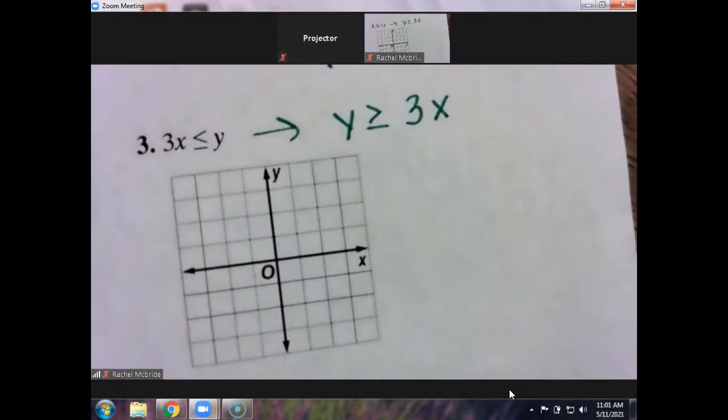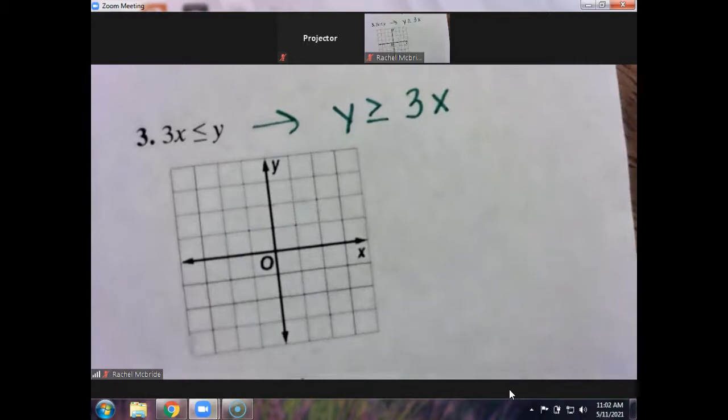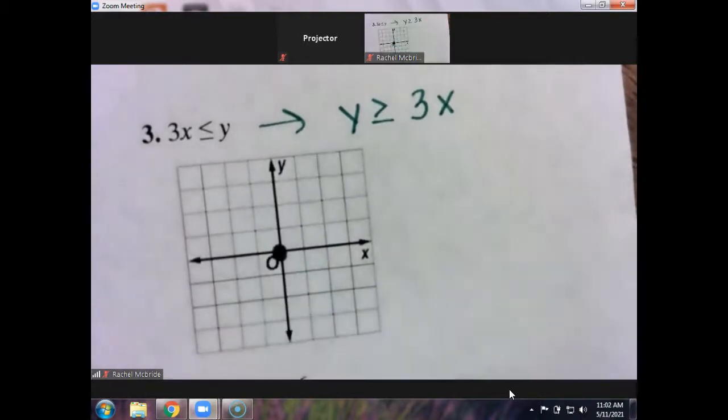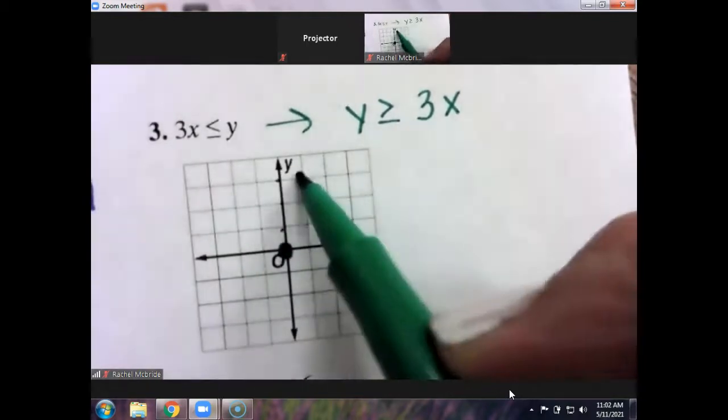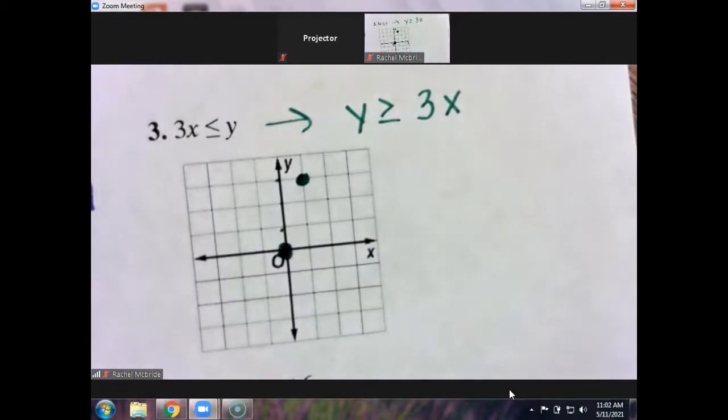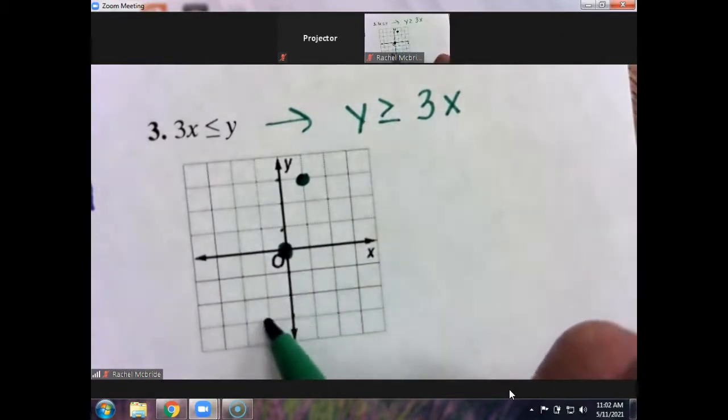So what's that make my y-intercept? Madison? Very good. What's my slope? Dominique? Good. So I go up 3 over 1. I can also go down 3 and left 1.